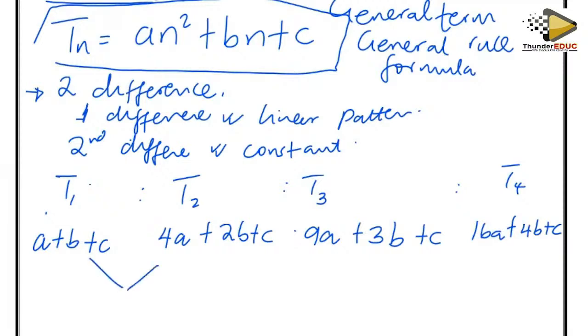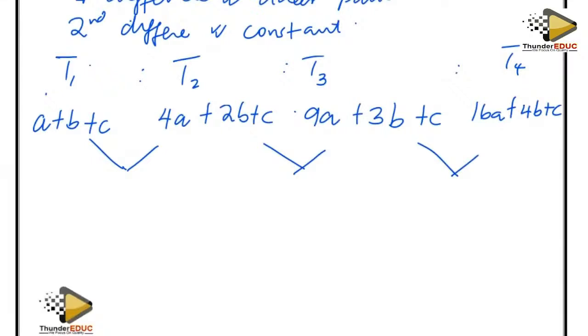Then if I get the first difference between these terms, remember, to get the difference you subtract consecutive terms. So term 2 minus term 1: 4a minus a is 3a, and 2b minus b is just b. The c's fall out.